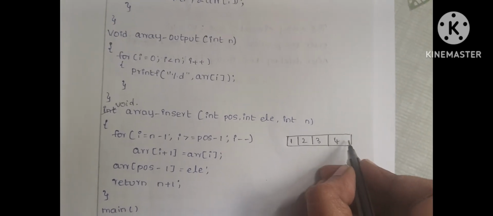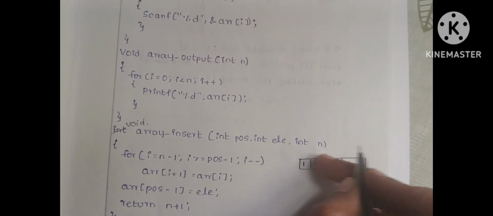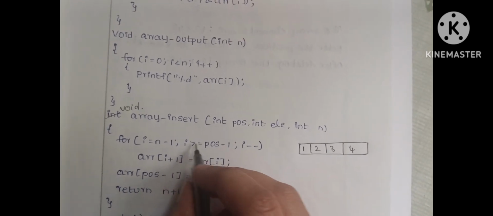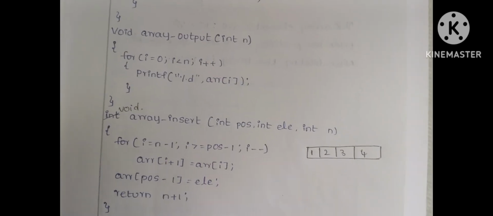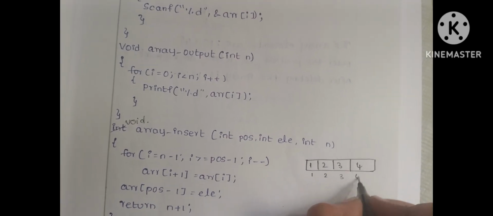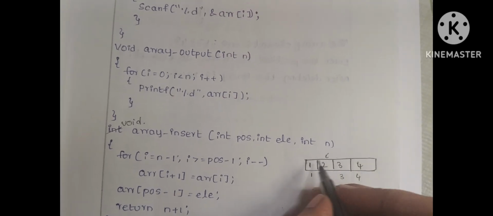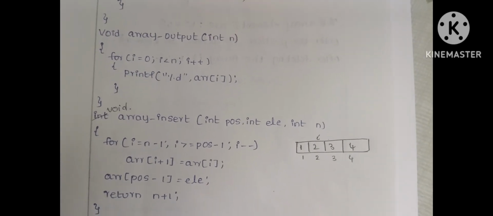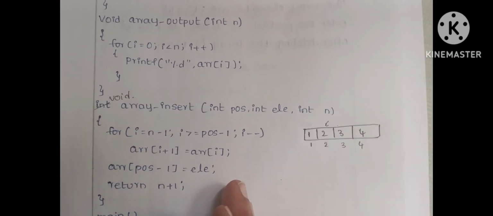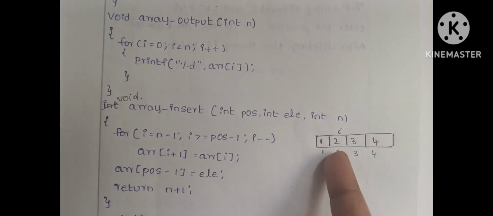So 4 minus 1, till the third element, from here only we will start. Okay, so till i is greater than or equal to position minus 1. So if the position is, this is 1, 2, 3 and 4, I have to insert the element at second. We will stop here only. Okay, we will stop at the same position or before that position. That is what the for loop does by decrementing 1 value.